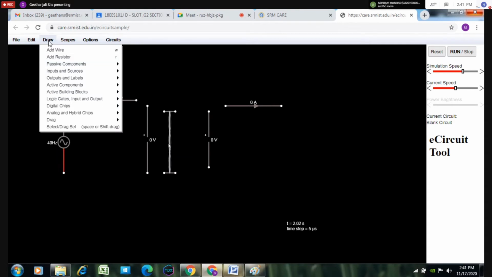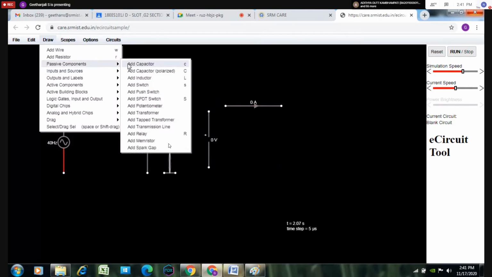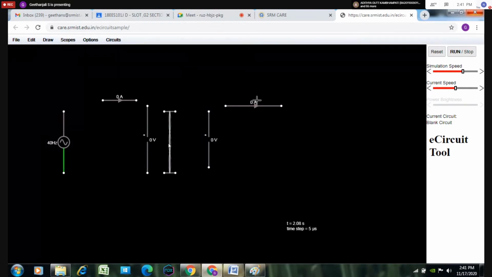Add switch: go to draw, then passive components, and under passive components you can find the add switch. Draw the 4 switches here. 1, 2, 3, 4, we are going to use 4 resistive loads. Then next one is the lamp, which is the example for the resistive load.